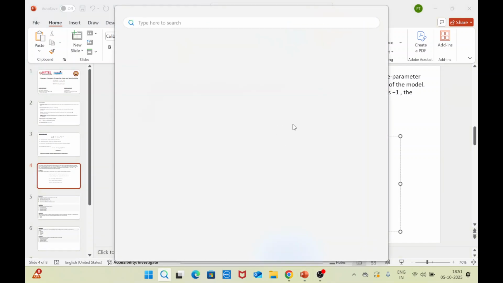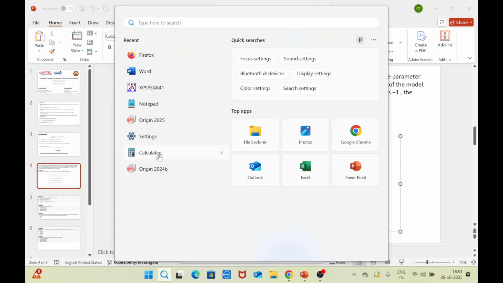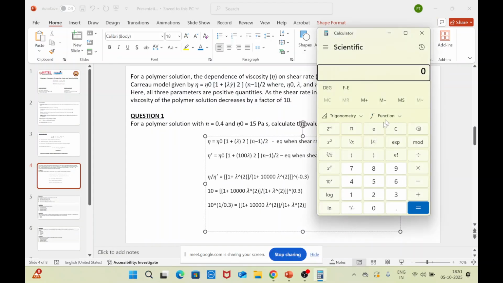Let us use the calculator. So 10 power 3.33 is going to be 2154.43.